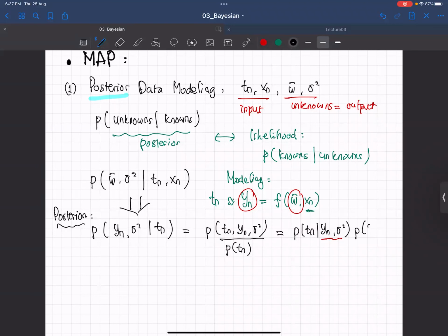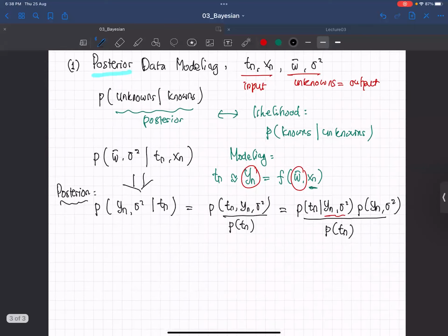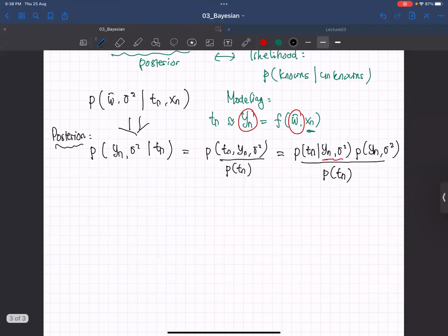So in that case, we have P of Yn, sigma square because they are kicked out. Basically, this kick out here is just to make the explanation easier, but this is actually the product rule. This is the definition of the product rule, right? And divided by P of Tn. Any questions so far for this derivation? You have to be fluent on this, because if you are not fluent, you will get lost and you cannot do the derivation by yourself. Again, this is the product rule.